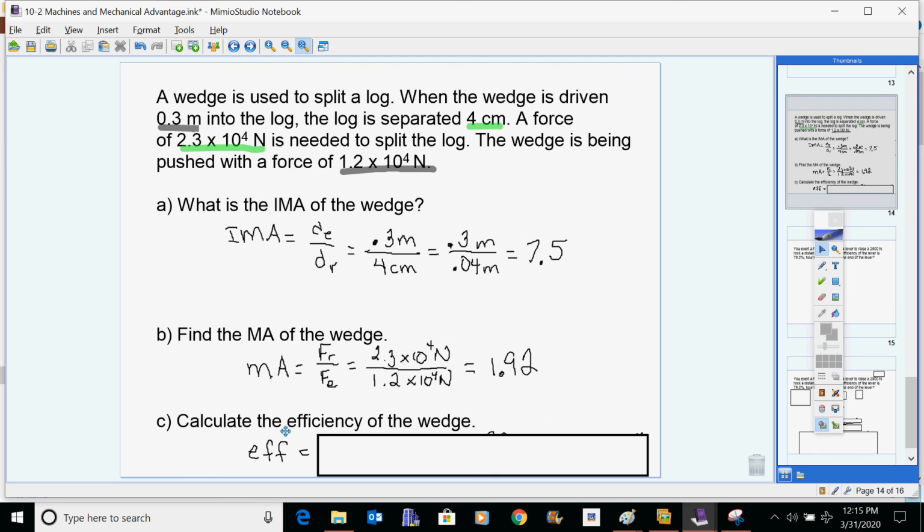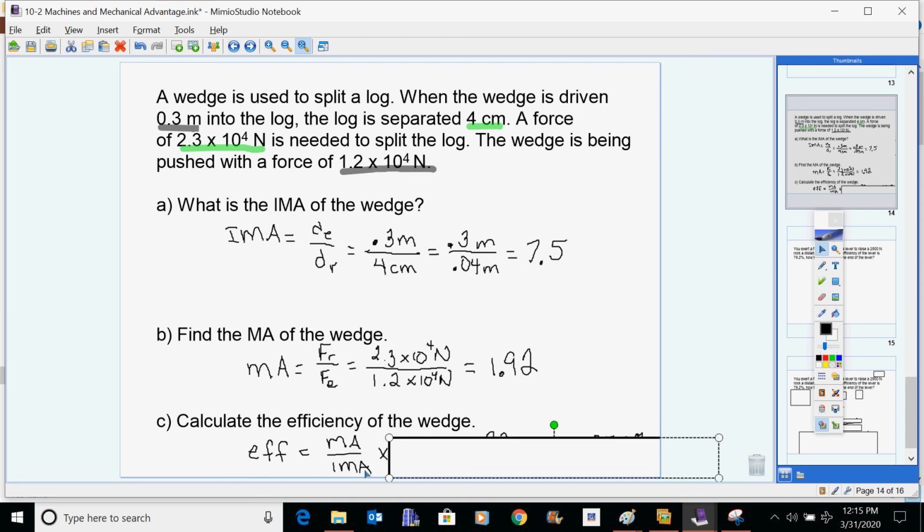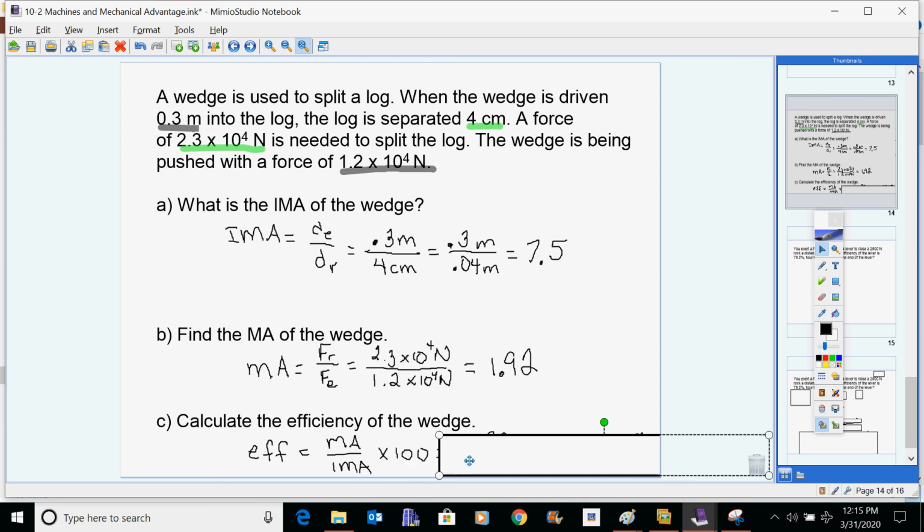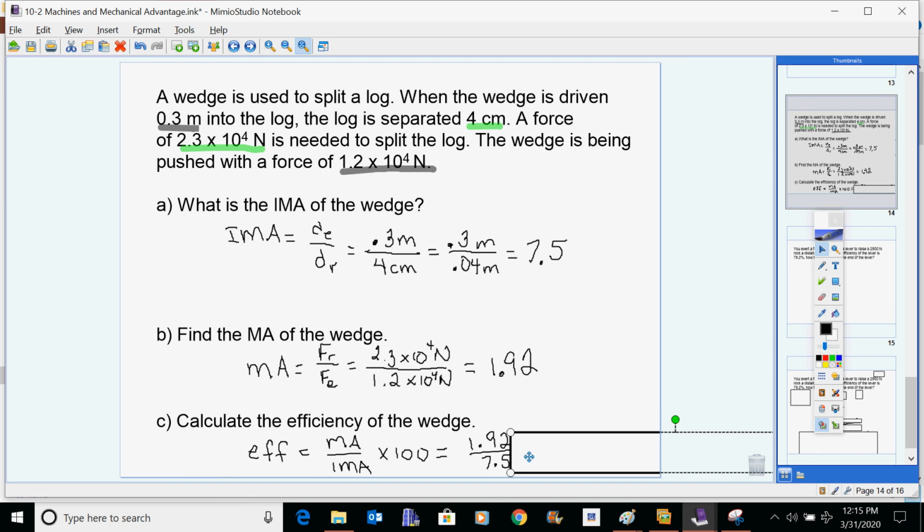Okay, so when we look at how efficient that is, we're comparing the mechanical advantage to the ideal mechanical advantage and making it into a percent. In other words, moving the decimal over 2 places, which is where the times 100 comes in. So mechanical advantage we said was 1.92, and that's what really happened. The ideal would be 7.5.